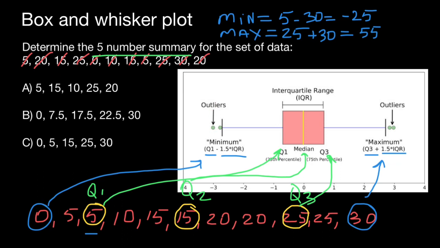So the minimum in our case is 0, and the maximum is 30. So our 5 numbers are 0, 5, 15, 25, and 30. As you see, this is answer C.